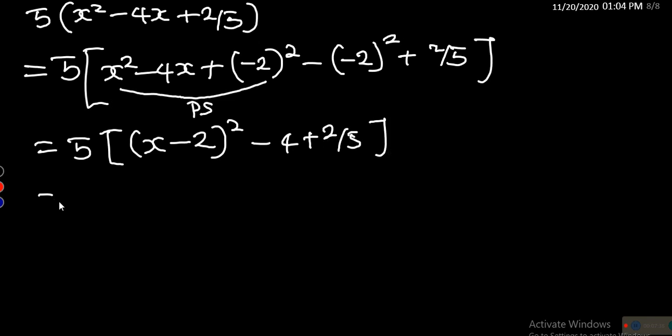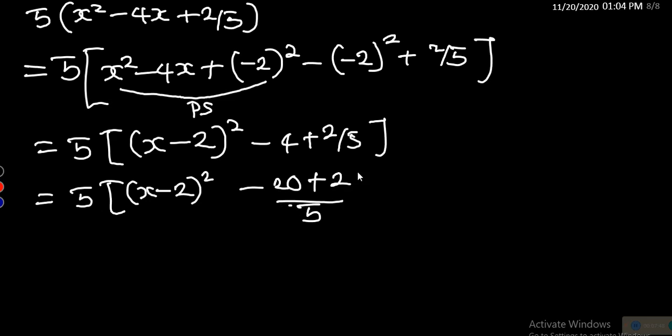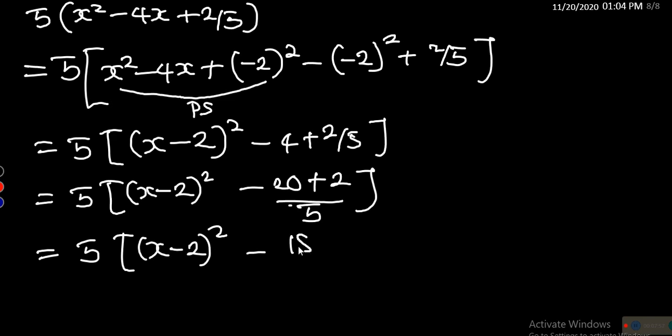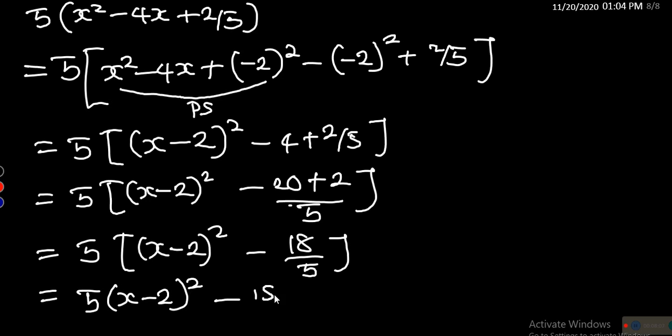We can simplify −4 + 2/5 to give us (−20 + 2)/5, and that will simply give us 5 into ((x − 2)² − 18/5), and then we can now open the bracket with 5 to have (x − 2)² − 18/5 times 5 over 1.